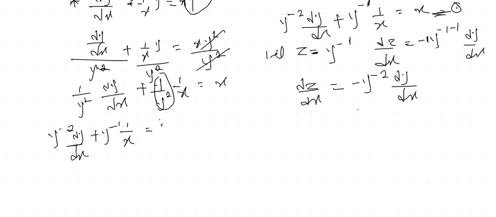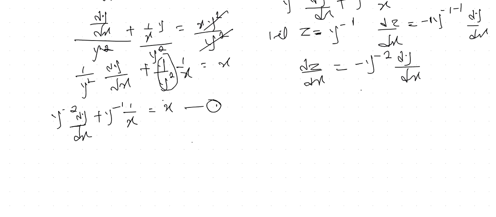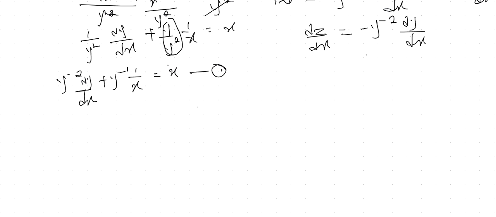All right, so now you notice if you compare this one and this one, this is y raised to the power of minus 2 dy/dx, but this is minus y raised to the power of minus 2. So you have to multiply everything by minus to make it look like this, so that you can insert it. So let's multiply by minus.